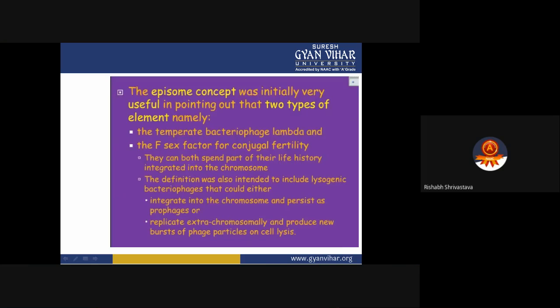The definition was also intended to include lysogenic bacteriophages that could either integrate into the chromosome and persist as prophages, or replicate extrachromosomally and produce a new burst of phage particles on cell lysis.